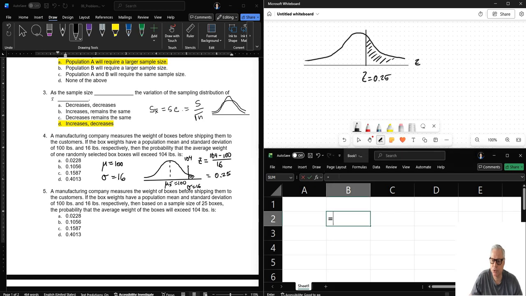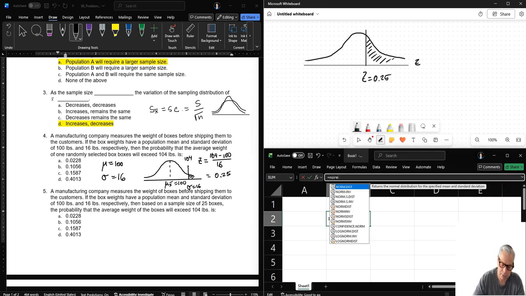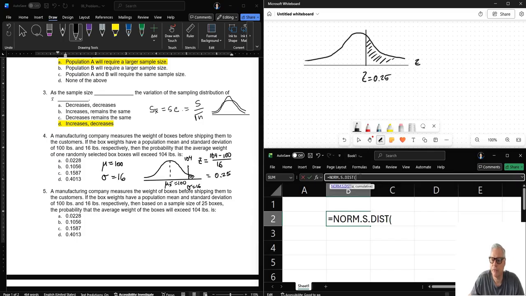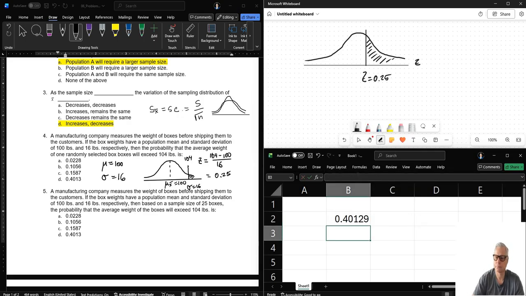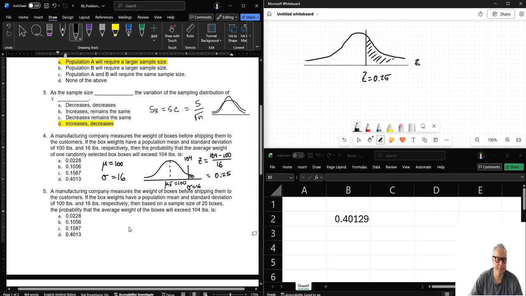So I can use the formula equals NORM.S.DIST, and now I just say negative 0.25, and I want it cumulatively, and then it is indeed the 0.40.